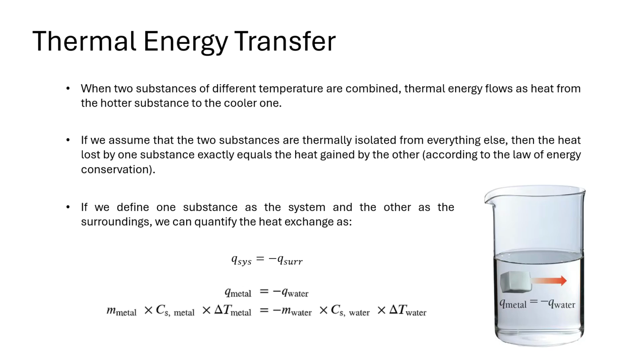You can't just have a system and not talk about the surroundings. The system is impacted based on what's happening to the surroundings and vice versa. So if I have Q of the system, that's going to have its own MC delta T, right? M times C delta T. The surroundings is also going to have its own MC delta T.